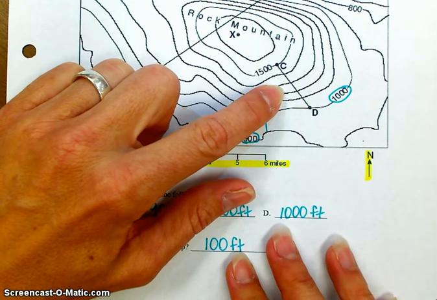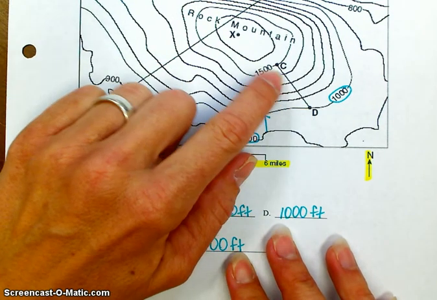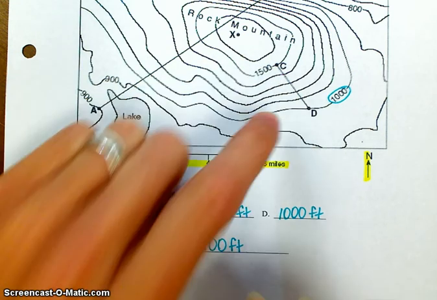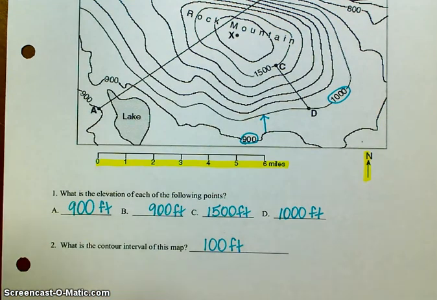The change in my y values, D is at 1,000, C is at 1,500. 1,500 minus 1,000 is a change of 500. So I have a change in elevation of 500 feet. Then I also need to measure the horizontal distance.